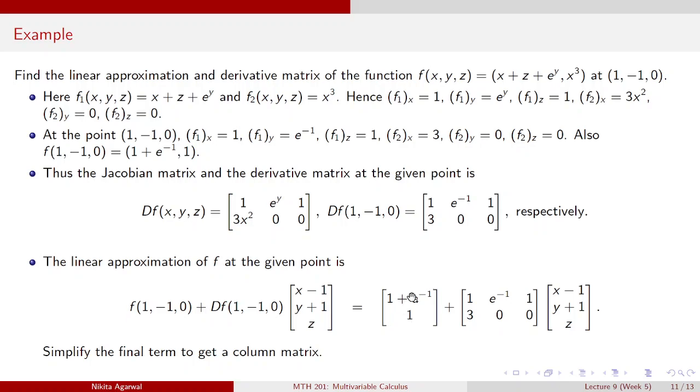So you can substitute f(1, -1, 0) as a column plus the matrix times this, and you can multiply all these to get a column matrix, and that will be the linear approximation. Okay, so you should be very careful with the size of the matrix. So it is like what you have seen for linear transformations. Okay, it's the same thing.